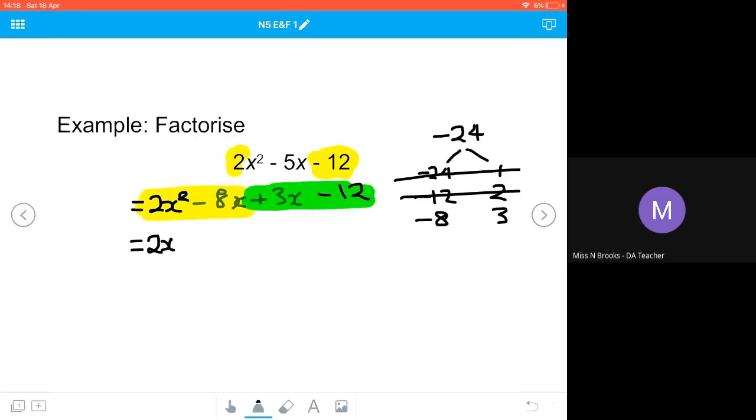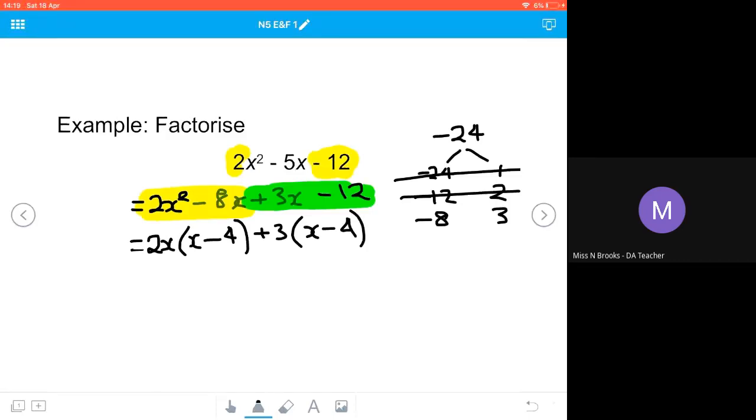So we've got 2x, and inside our bracket we're going to have x minus, and half of 8 is 4. And now we're going to factorize the second part. So this time the highest common factor of 3x and take away 12 is plus 3. And we're going to end up with x minus 4.